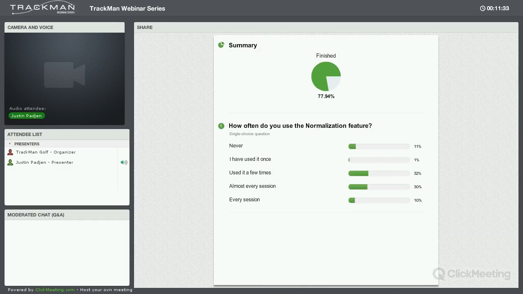All right, thanks for answering that. So we can see there's some people that have never used it before. Some people use it a few times, almost every session. So pretty good mix there on what kind of usage we've been getting out of normalization to this point.